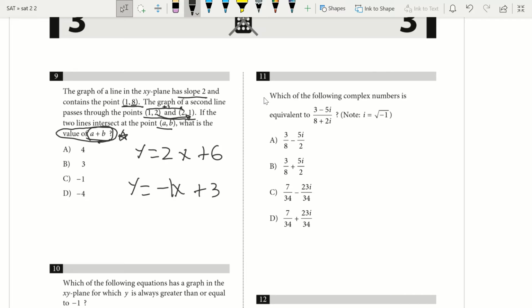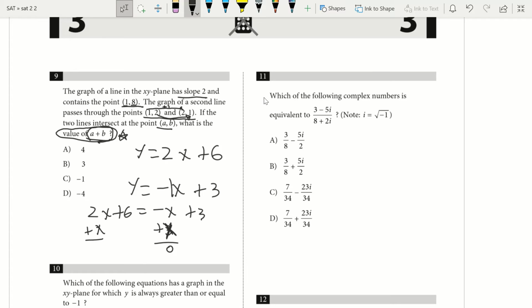Alright, now we're asked to find where these two lines are going to intersect. All we got to do is set them equal to find the x point where they intersect, and we can do that easily since we already have them in the form y equals for both. So we're going to go ahead and set 2x plus 6 equal to negative x plus 3. We're going to add x to each side so we can isolate it.